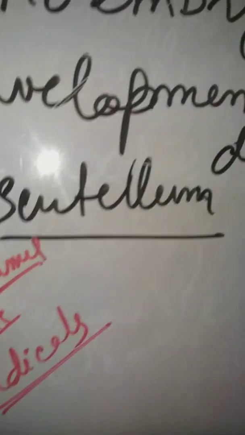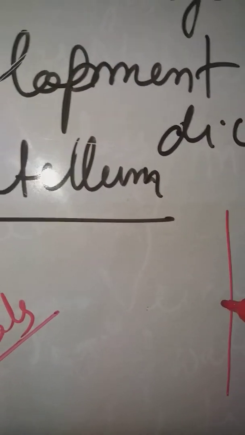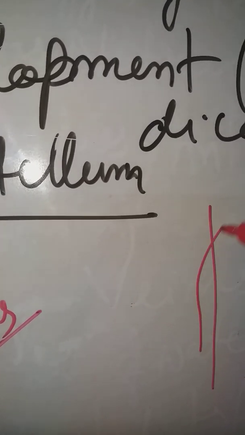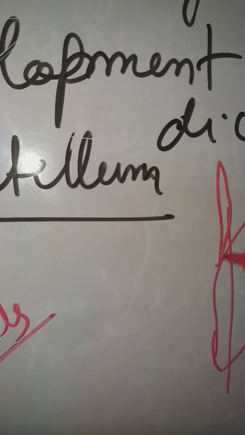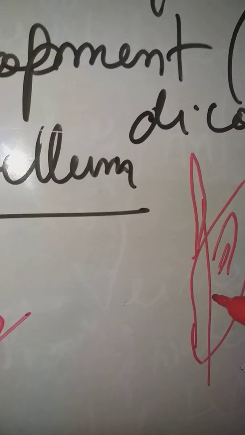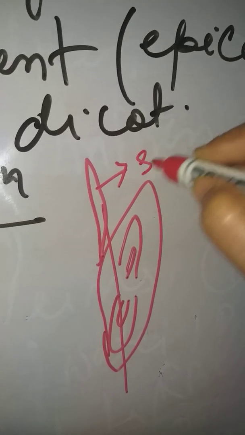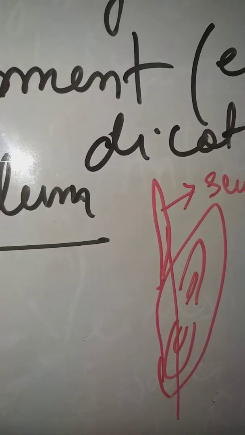Now, if we consider the same axis-like structure again, we draw it like this. So this is a maize seed, and this is known as the scutellum.